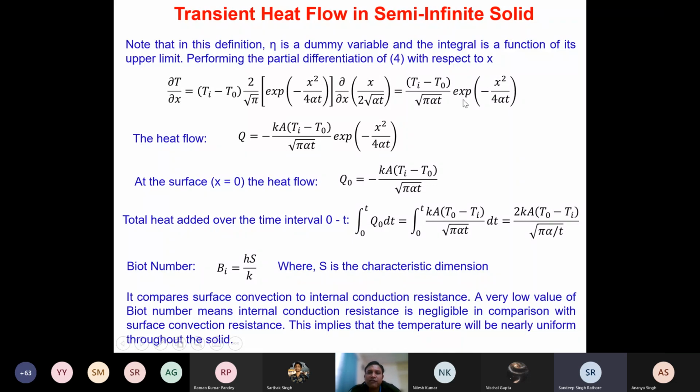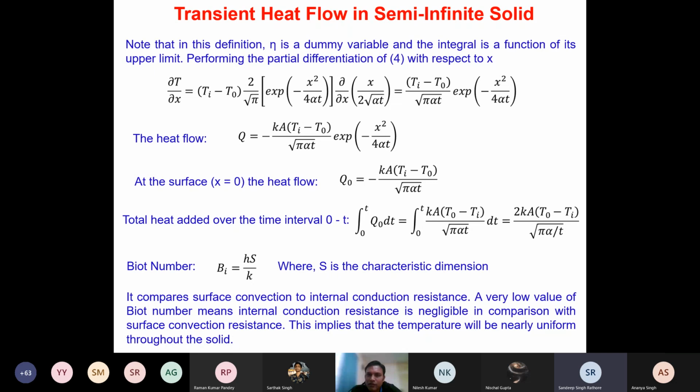So if we rearrange everything and multiply this by minus k into a, remember this is dou t by dou x, isn't it? What will be qx? qx will be minus k dou t by dou x. And what will be q? Capital Q will be area multiplied by this. So that's why Q is given as minus ka (Ti minus T naught) under root pi alpha t, exponential of minus x square by 4 alpha t. Is it clear, this entire term, how we got it?